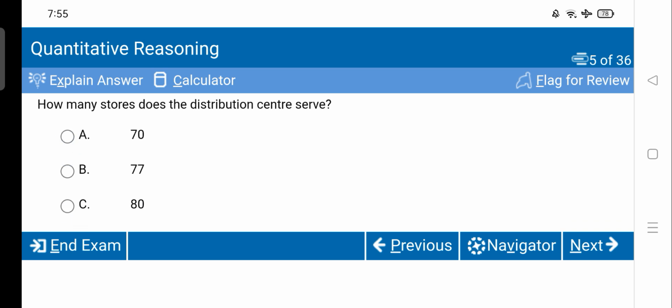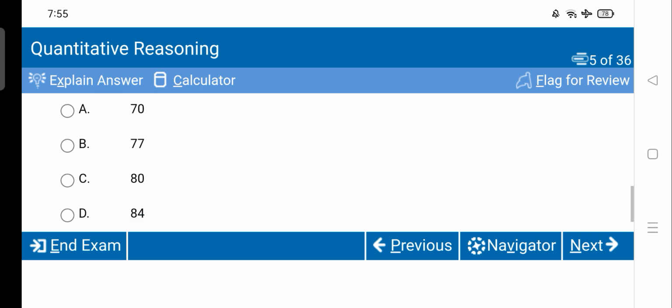How many stores does the distribution center serve? Option A, 70. Option B, 77. Option C, 80. Option D, 84. Option E, 90.